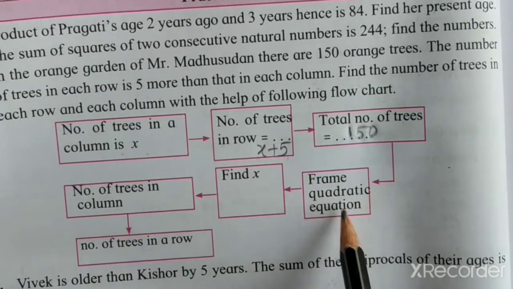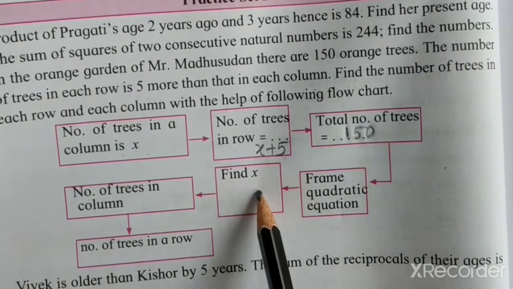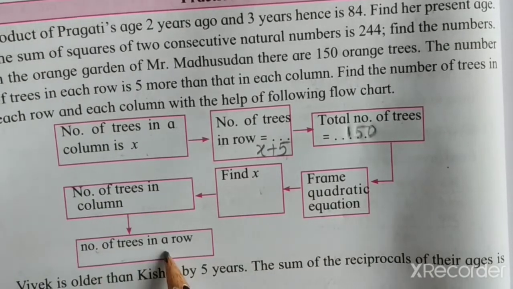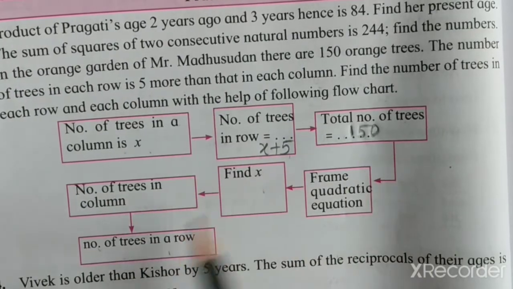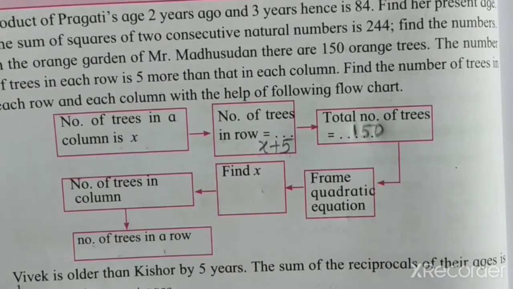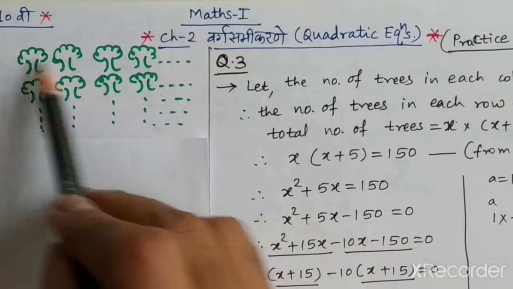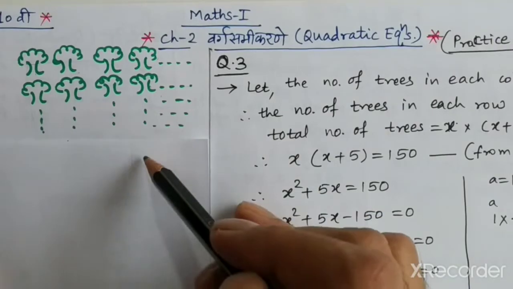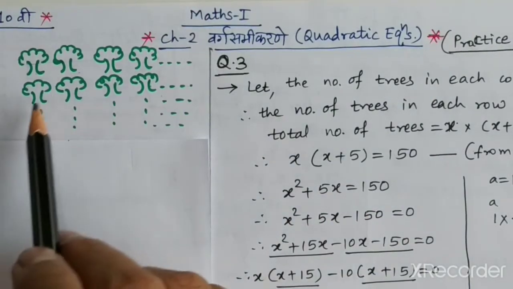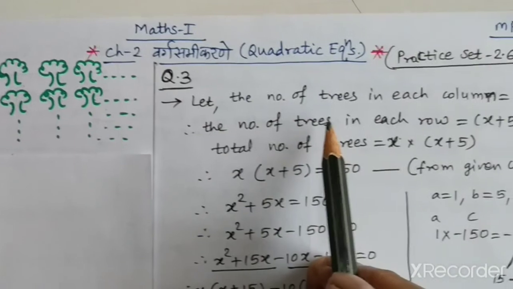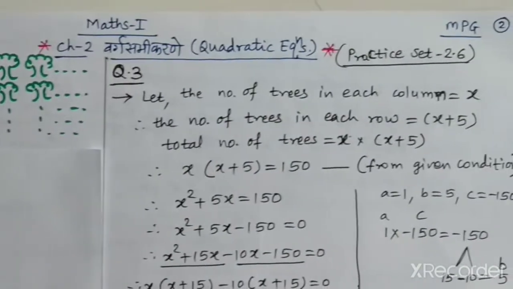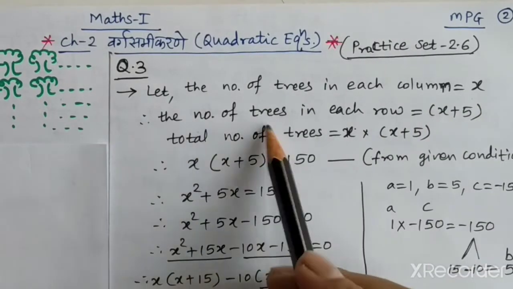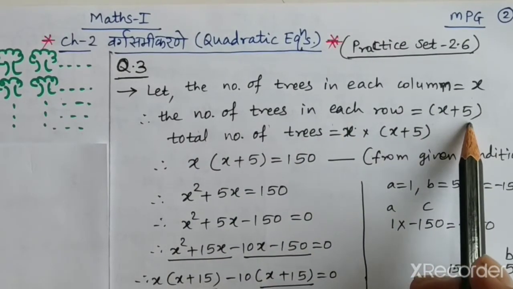So we frame the quadratic equation, then find x, then the number of trees in a column and then the number of trees in a row. Let us solve this on paper. Here these are the rows of trees and these are the columns. Let the number of trees in each column be x and the number of trees in each row be x plus 5.